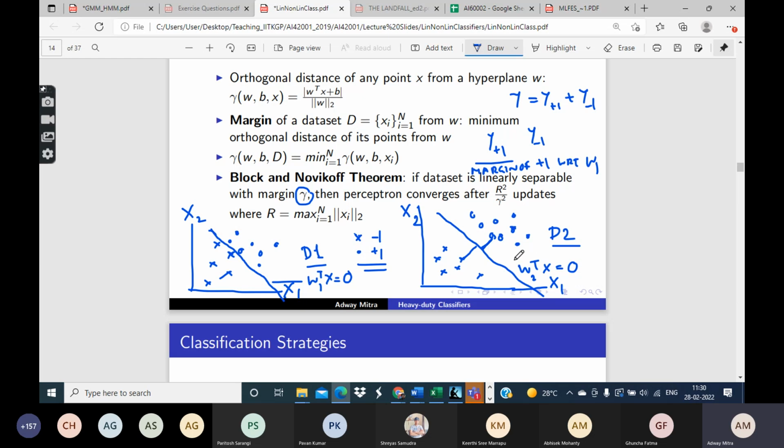Now, because that is the case, in the perceptron algorithm, we start with an initial or arbitrary line, maybe this line or maybe that line, whatever. And then from this, we will have to converge to this line. Since the cardinality of the set of such lines is very small, finding a suitable one will take a long time.